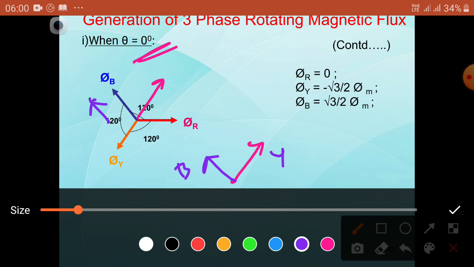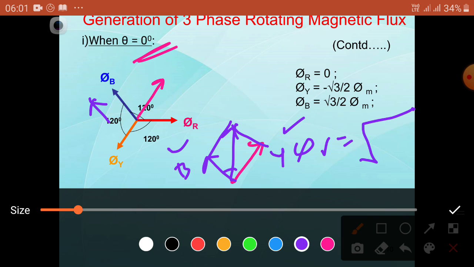Now based on these two vectors, we get the resultant vector and its angle. For this we use the parallelogram law. We know that the resultant phi r is equal to the square root of this whole square plus this whole square plus 2 into this into cos theta.